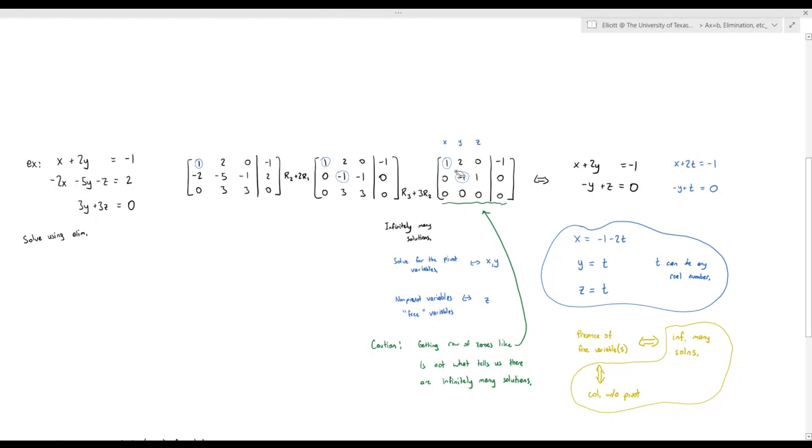Now, if you have a square coefficient matrix, then to have a column missing a pivot, you'd have to have a row of zeros. I think that's where the misconception comes from. But if you have a matrix that's not square, it's possible to not have a row of zeros, but to still have a column without pivots and therefore still have infinitely many solutions.